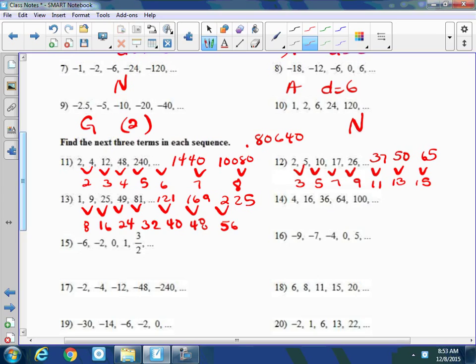So you can still find terms even if it's not arithmetic or geometric. They're just a little harder to find. Which ones are square roots? Those perfect squares. Good job. So you can actually take that first 7, square it.